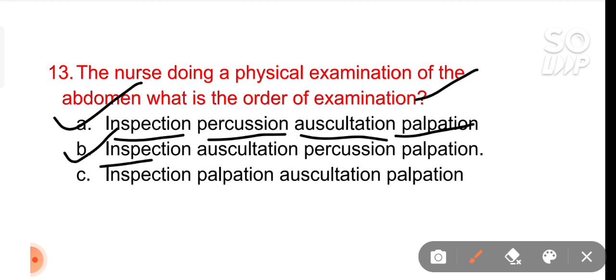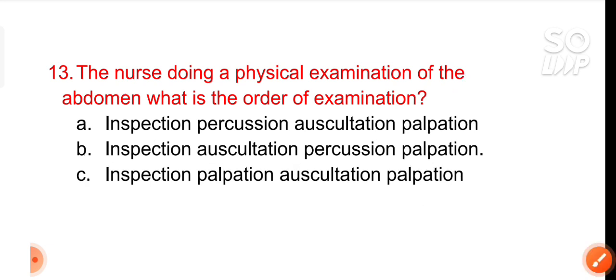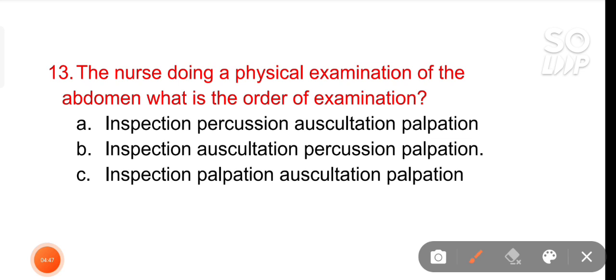Option B, inspection, auscultation, percussion, palpation. Option C, inspection, palpation, auscultation, percussion. Sorry, that was a spelling mistake, this is percussion. The right answer is option B.